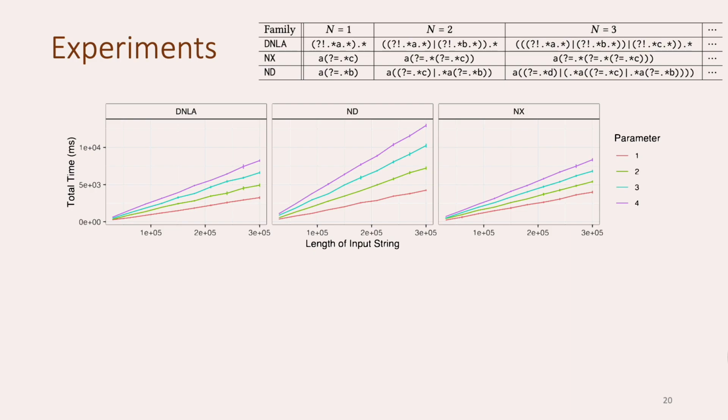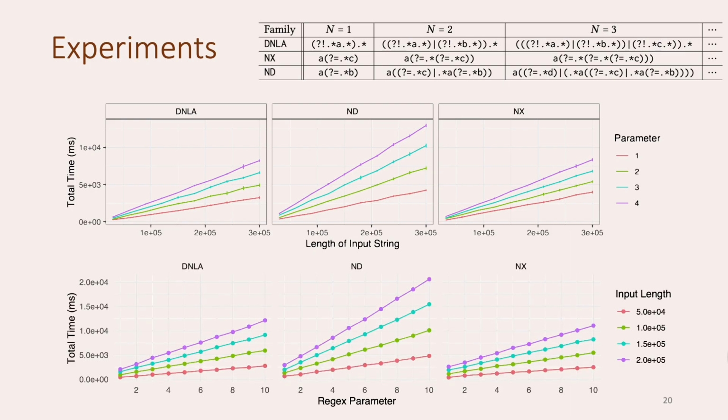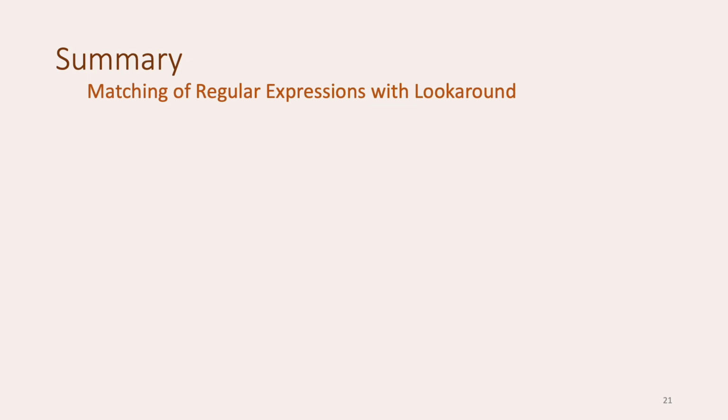In the next figure, we fix the size of the input string and show the time taken to match the string for larger and larger regexes. Each line corresponds to a fixed size of the input string. Again, we see that the time taken increases linearly with the size of the regex. We have also observed that tools such as PCRE exhibit superlinear growth for these regexes.